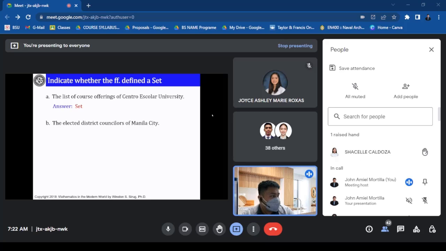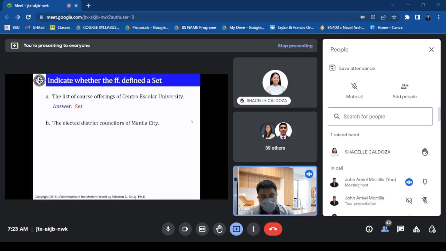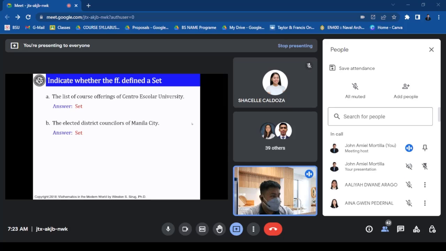So, is it a set or no? Okay, Shaisel? It is a set po. Okay, so why is it a set? Because the elected district councilors are elements of the set of officers. Okay, so let's see. Yes, it is also a set.